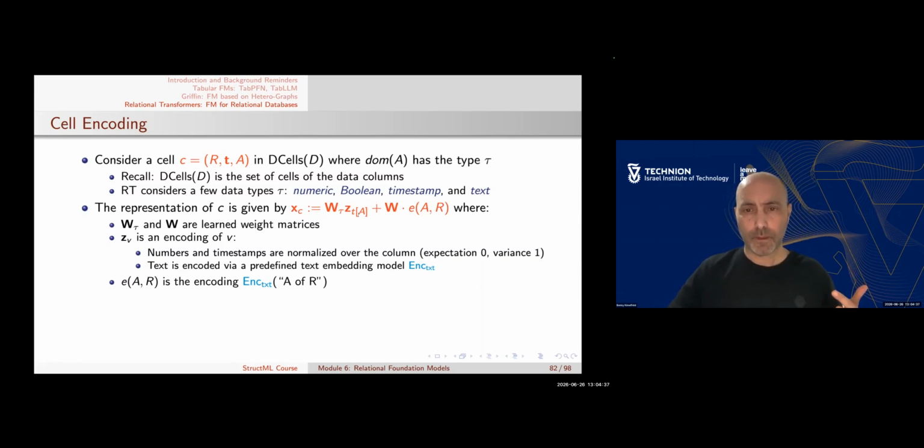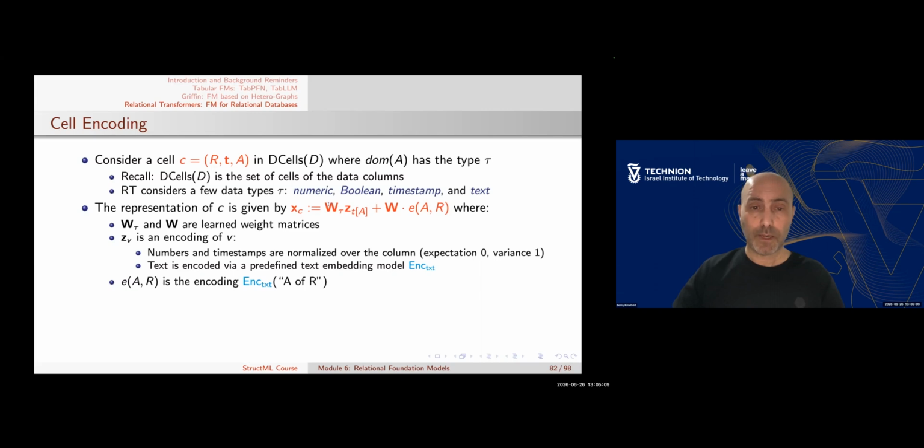Very simple. First, we have a representation per type of the value of the cell, Z_t(A). This cell belongs to the relation R and the tuple t, and the attribute is A. So we take the value and we have an embedding of it, an initial representation of that value according to the type.